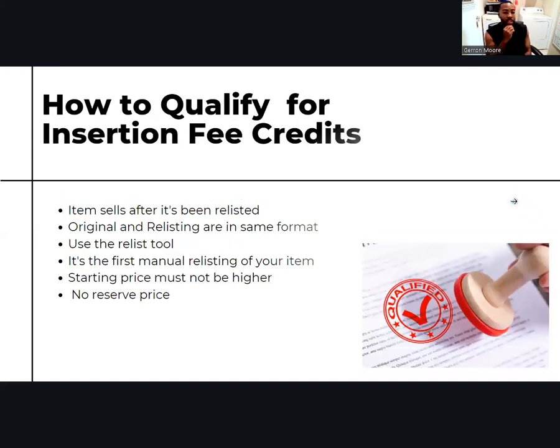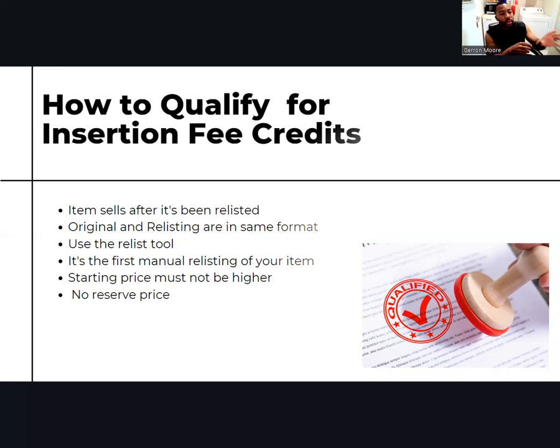Now, I told you they were non-refundable. There is a way to get a credit for those insertion fees. I've had the question, what if somebody agrees to buy my product and they never pay for it? Well, I just lost some money there. Let's look at this a little more in depth.